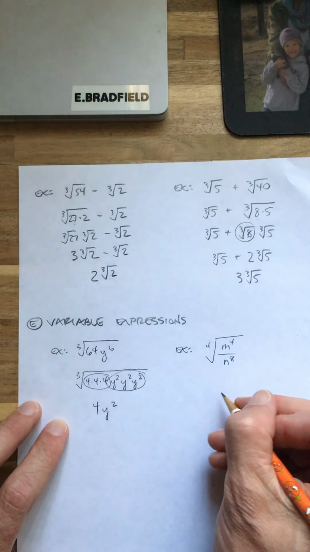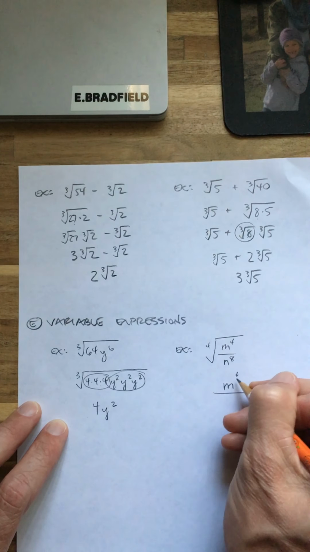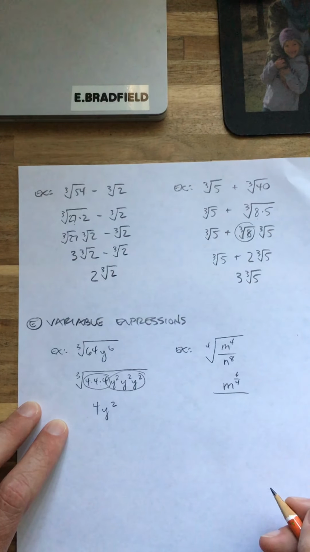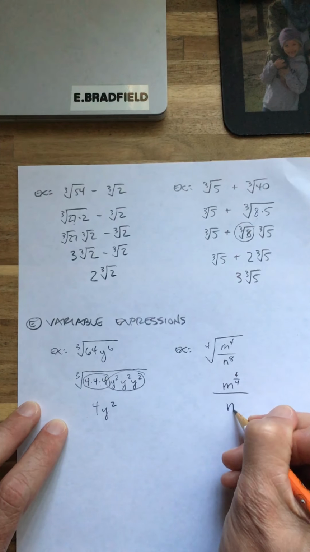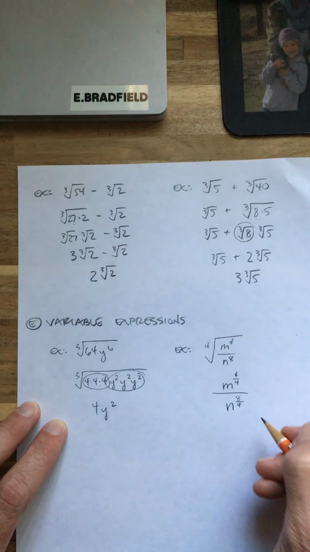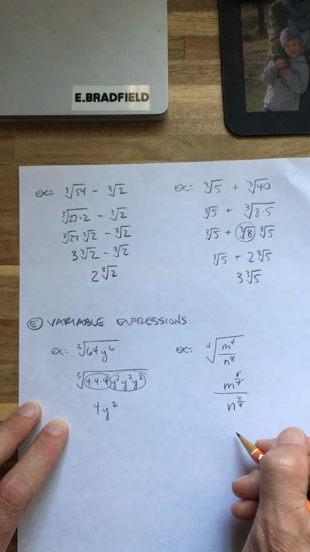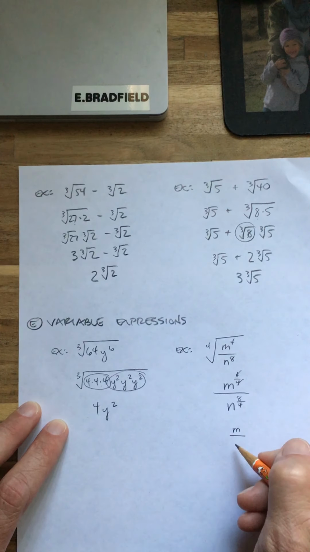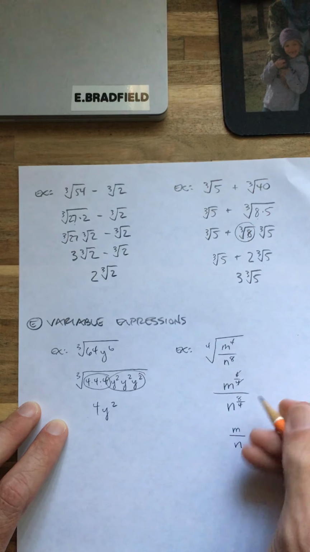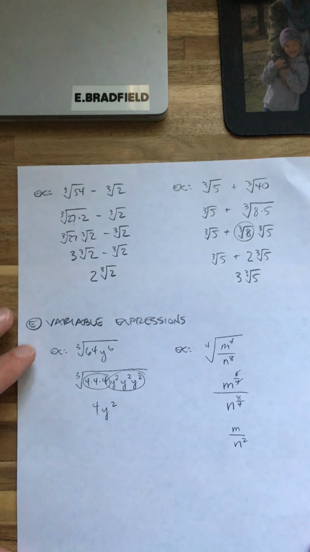So watch this. This is going to be m to the power of 4 over a root of 4, and this is over n to the power of 8 over a root of 4. Watch what that turns into. This is m to the power of 4 over 4. That cancels into 1, so it's just m over n, 8 over 4, that reduces to 2. So we get m over n squared.